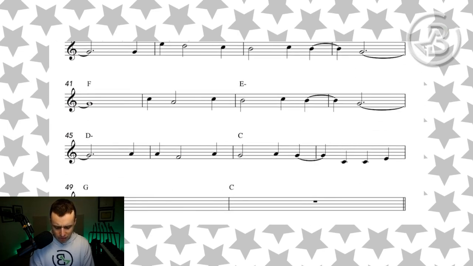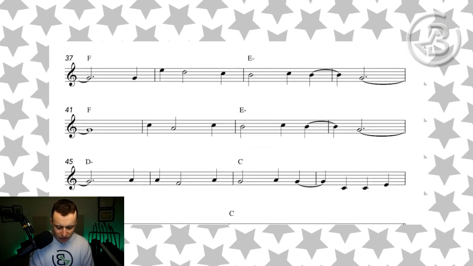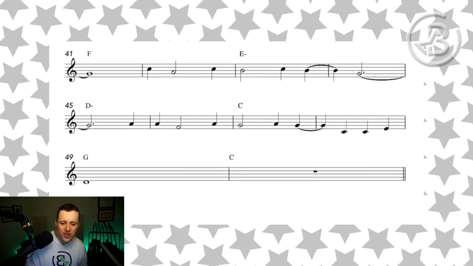Let's look at the last couple measures. Even here in the last couple measures, yeah, a couple common notes, but really not much in the way of driving that home.